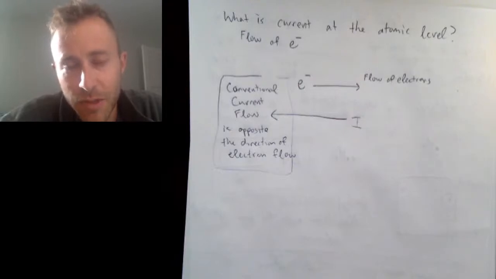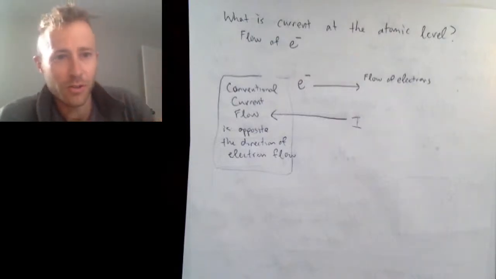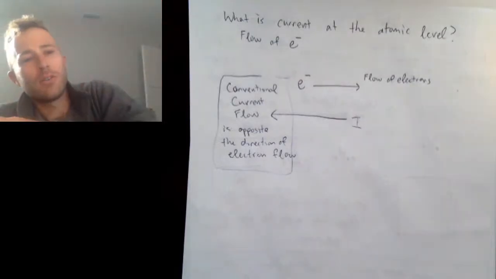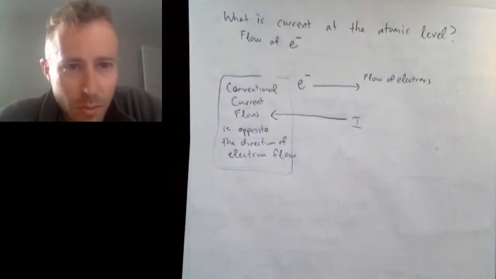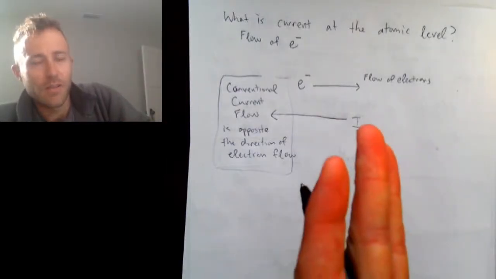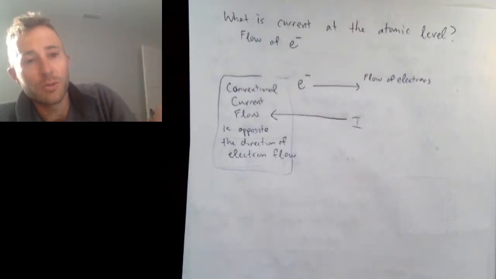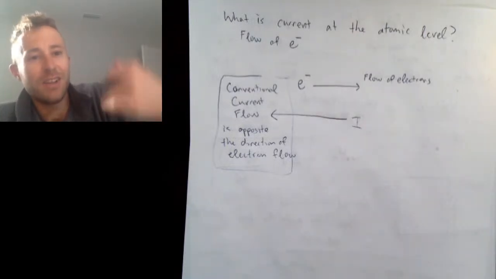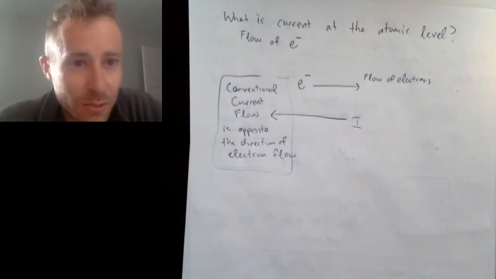All right. So we knew about electric current before we knew about electrons, and so we were just like, well, we'll just call this the direction of current flow. And then once we figured out what the actual thing that was flowing was, we found that it was moving in the opposite direction because it has a negative charge.